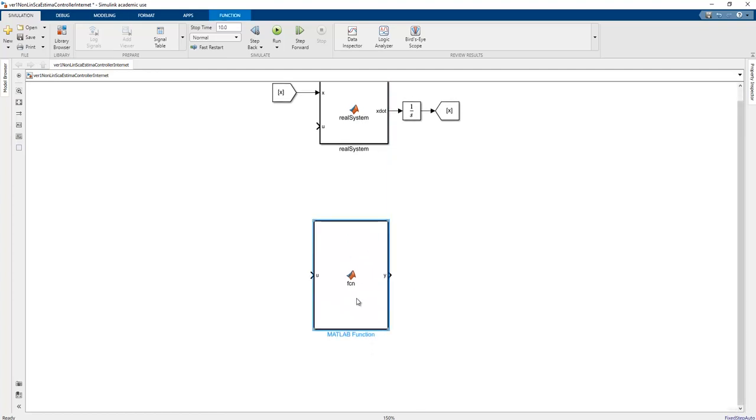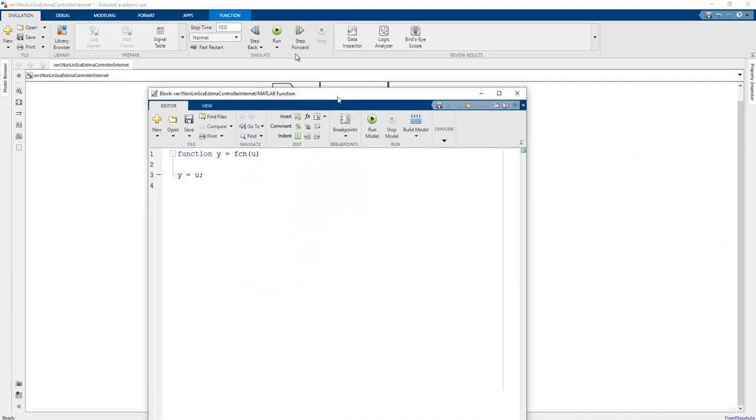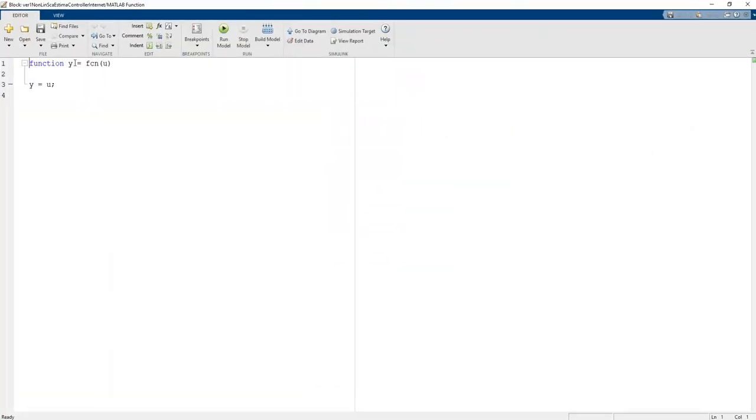If I open this selection, we will have the z dot value here, because z also contains x hat, a hat and b hat, so this is a vector of 3 times 1. We also need to feed this function body z and the real measurement values of x and u.